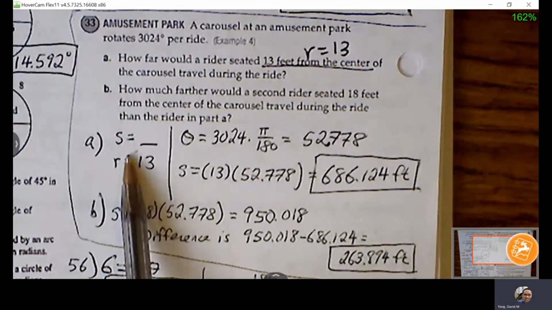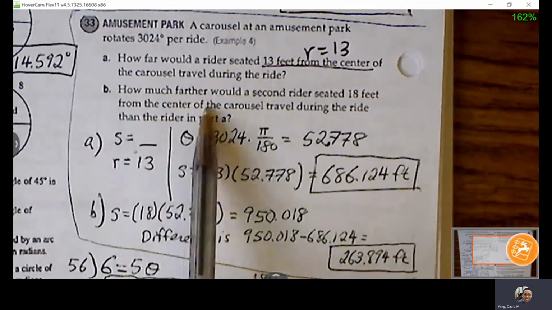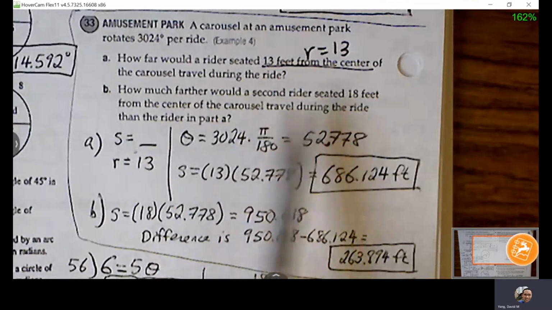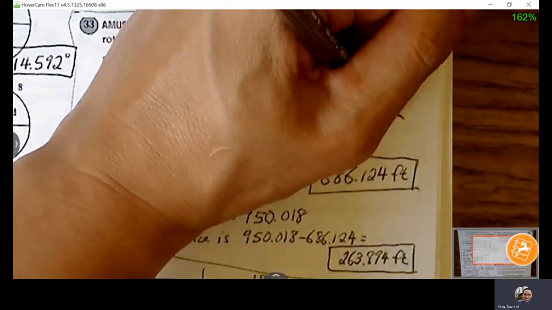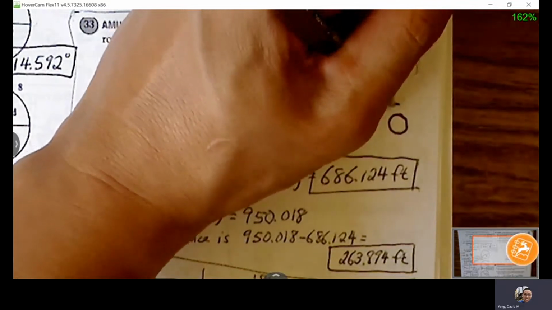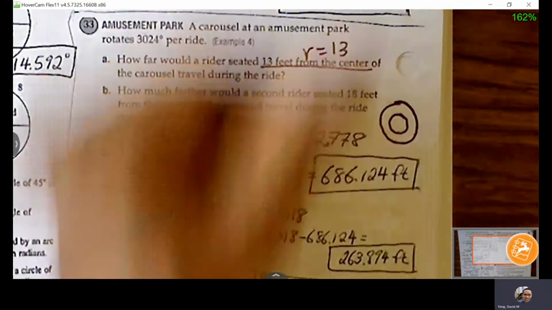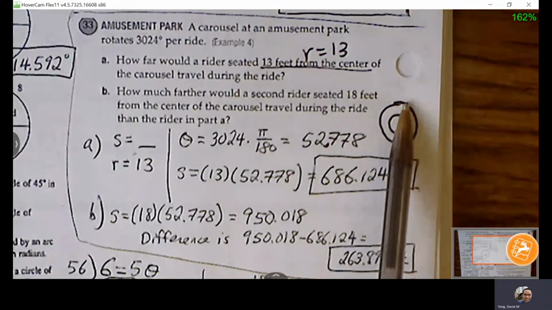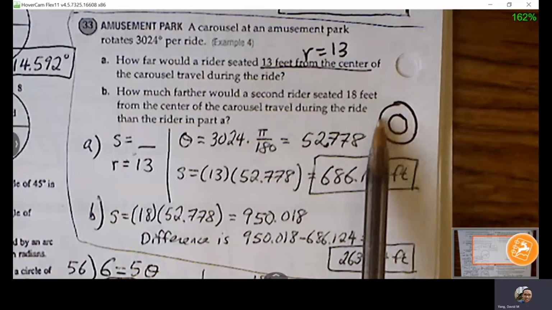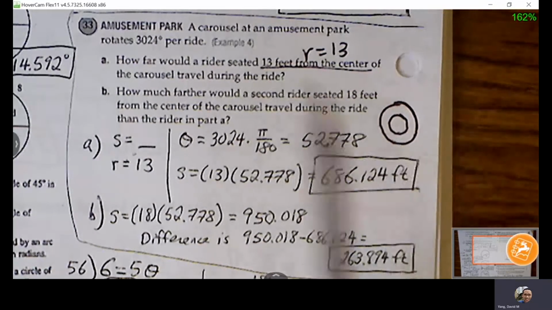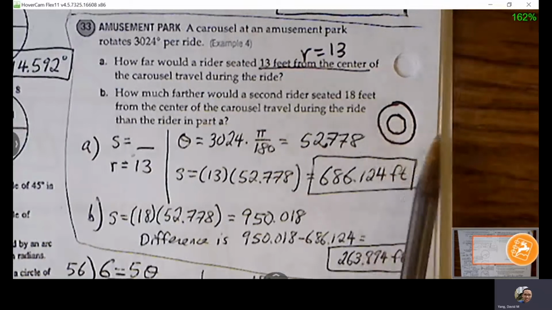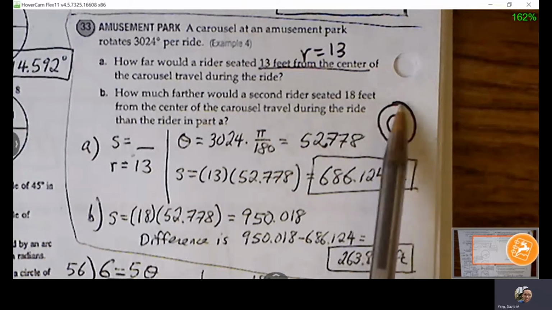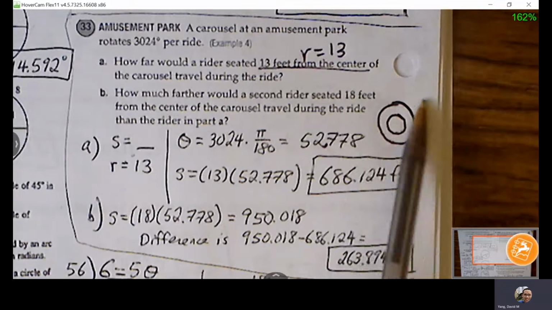Any questions there? Part B, how much farther would a second rider seated 18 feet from the center travel? Let's say this is a carousel with an outer ring and an inner ring. The rider that is further away is still going through the same number of rotations, but because it's a larger circular path, this rider is going to travel a further distance.